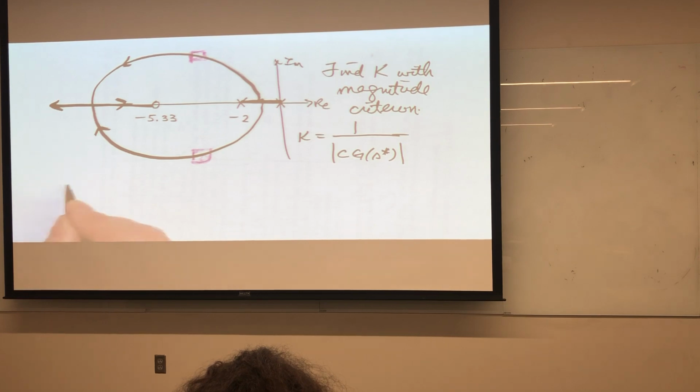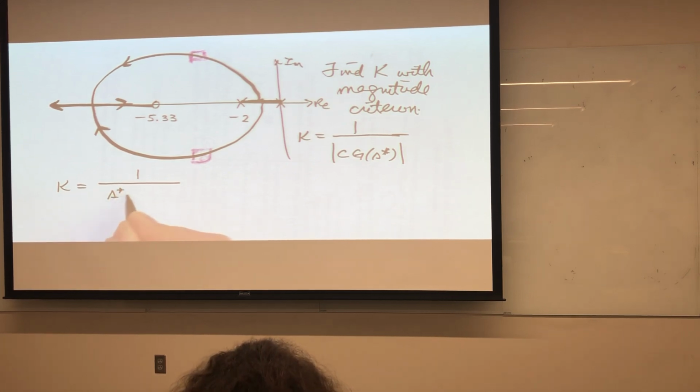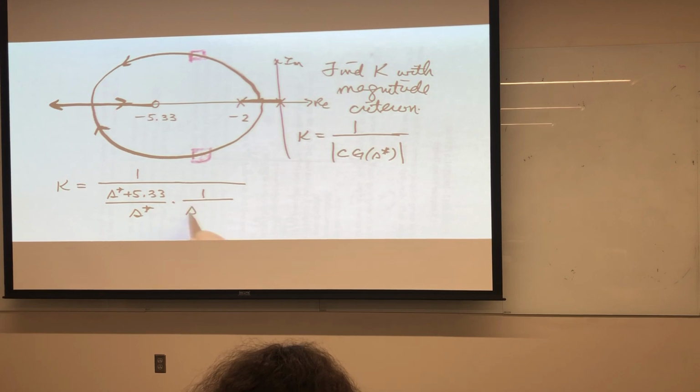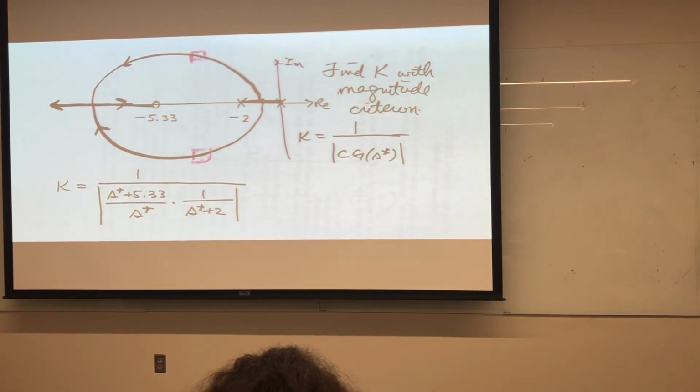Let me squeeze that over here. K has to be 1 over the magnitude of s star plus 5.33 divided by s star, and then the plant is s plus 2.